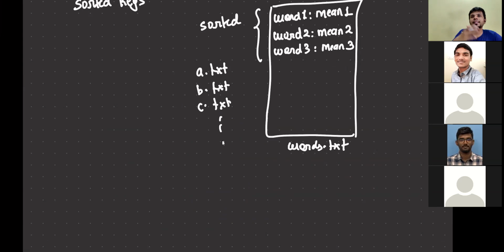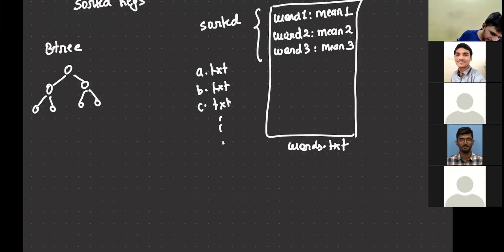Okay, let's take things one by one. You said B tree, so let me add a B tree here. In the B tree, what kind of information are you storing? What's the leaf node? They will be pointers to every range of words, like you said, a.txt. Let's say A to B, C to M, N to P, and P to Z, something like this.